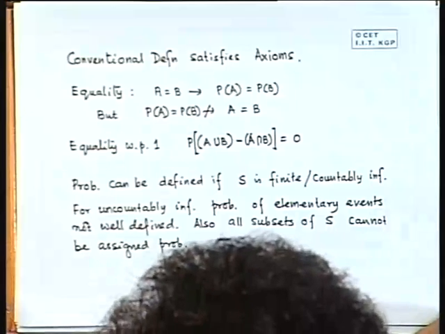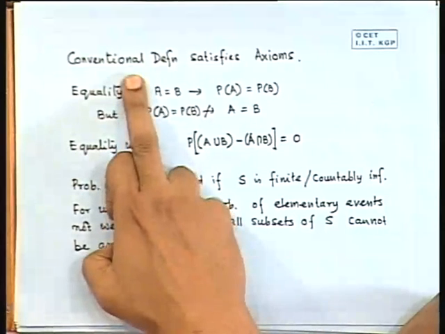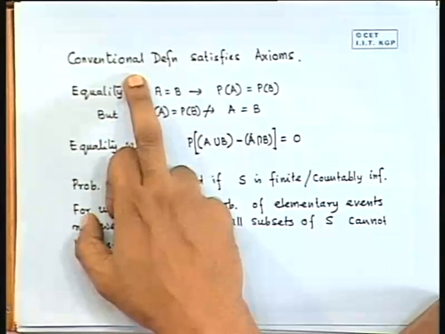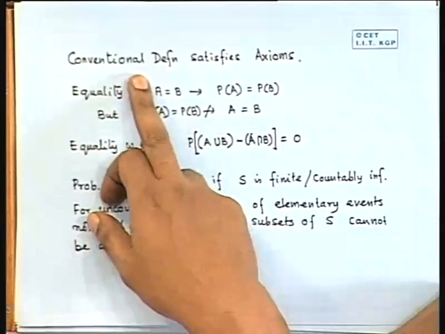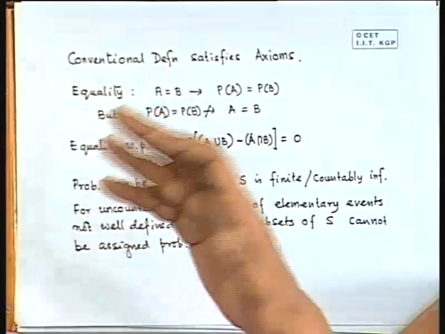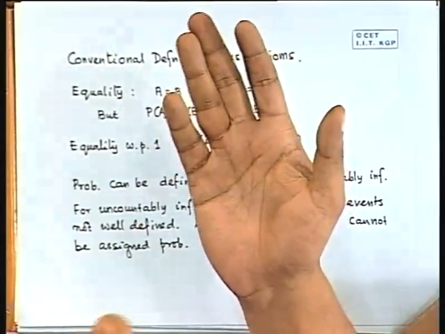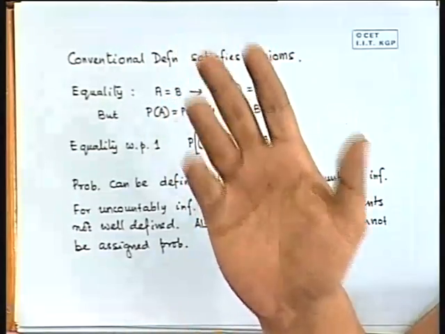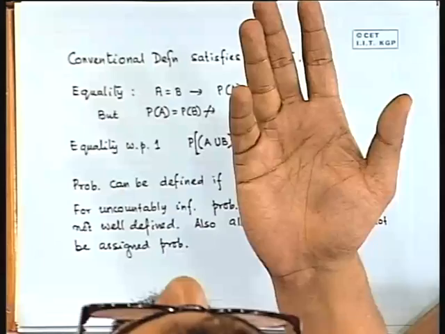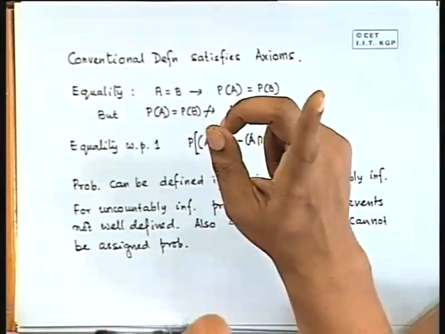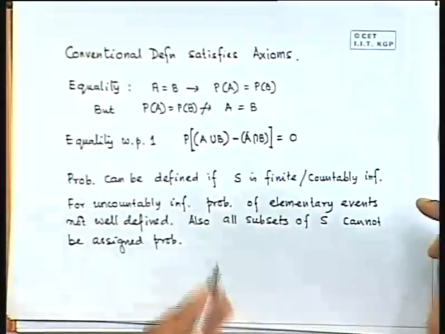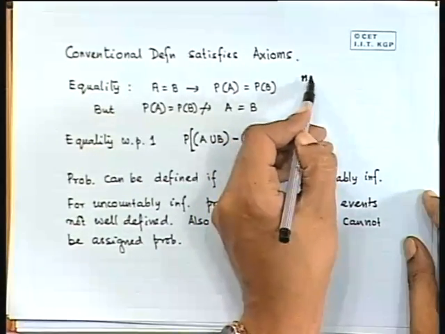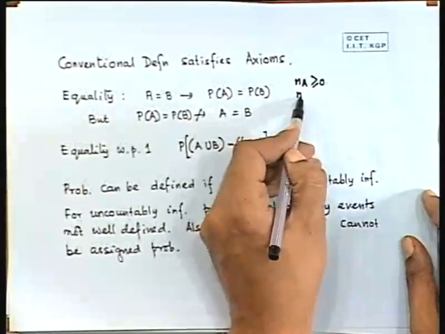Now, incidentally, the conventional definition of probability based on relative frequency satisfies the axioms. For example, Na by n is greater than or equal to 0, because Na is greater than or equal to 0 and n is greater than 0.